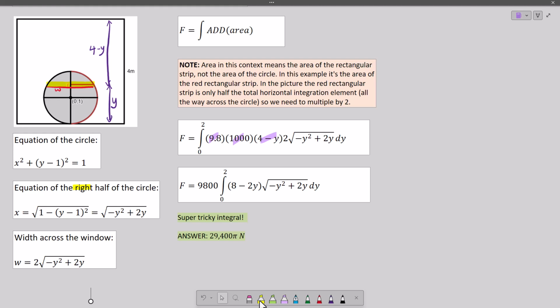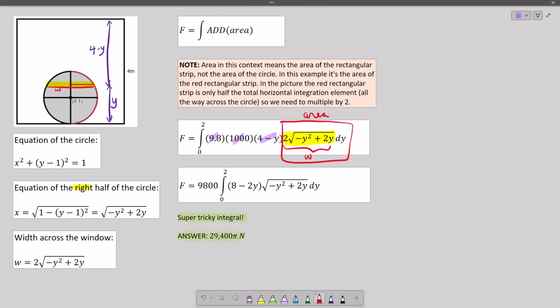And so then we come over here, and this right here is doubling that x value that we just solved for there. So the width all the way across, all of that is the width, and then all of that is the area of the rectangle.